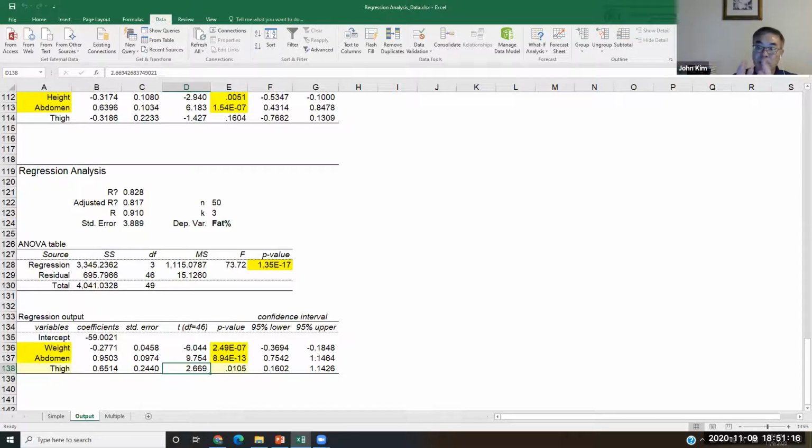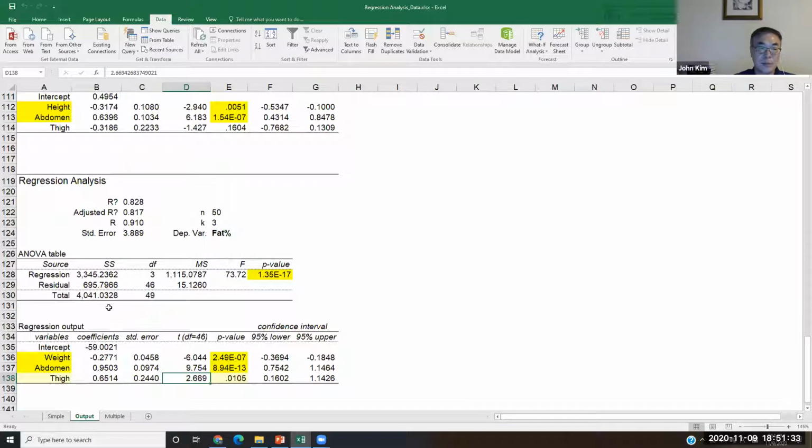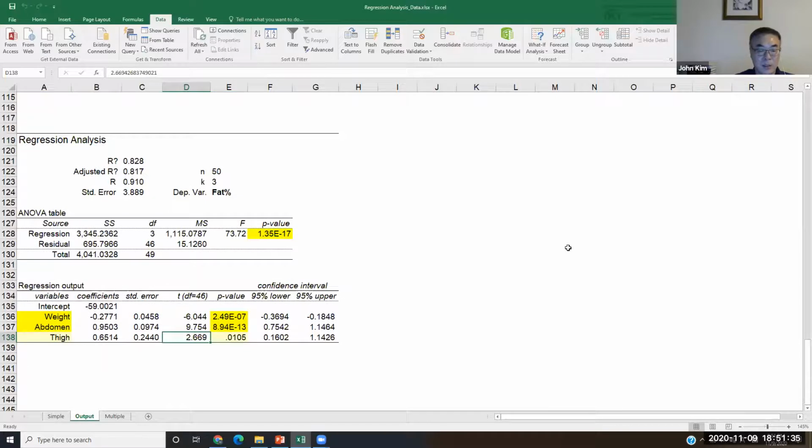Using the individual test, leave the significant variables and take the not significant variables out, and then you can make a better equation like this. So using this one, we can write y equals negative 59.0 plus or minus x1, x2, x3, and so on.